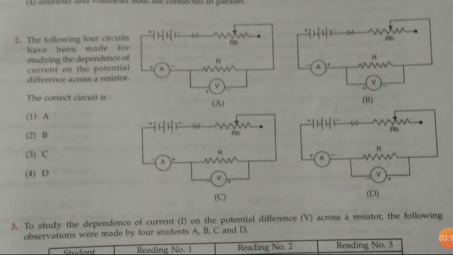Which pole is connected to which terminal of the battery is a very important thing. In all these 4 we can see that the ammeter is connected in series and the voltmeter is in parallel, so that connection is right.